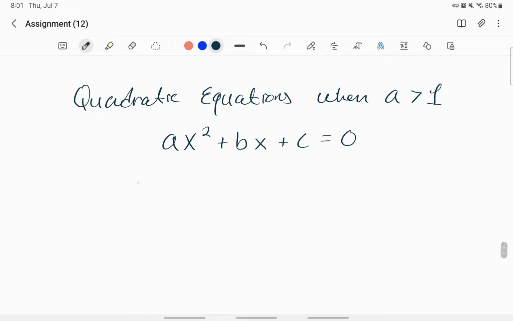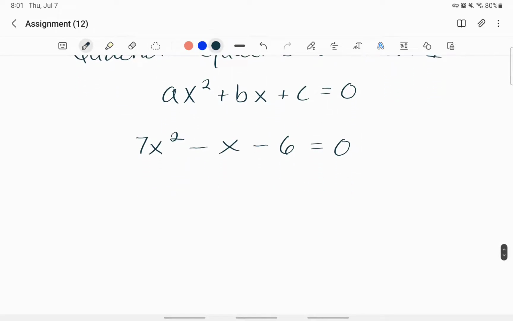Let's say we have 7x squared minus x minus 6 is equal to 0. Now, step number 1 is you want to find the factors of 7x squared.